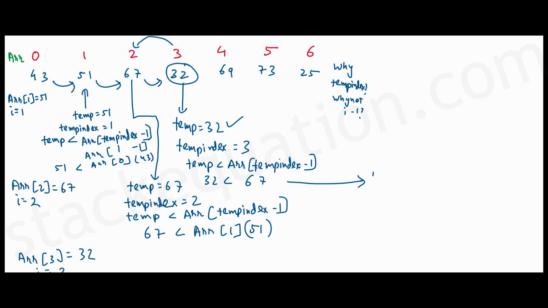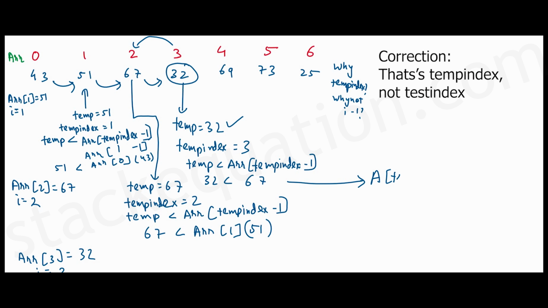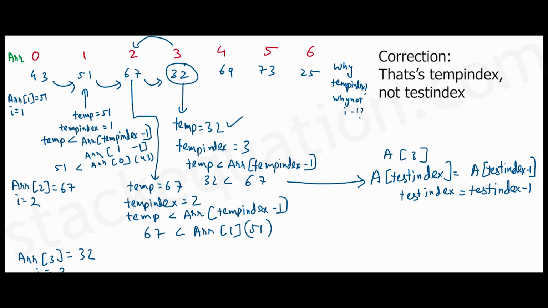That means A of test index is equal to A of test index minus 1, and test index will keep decrementing with each iteration. So read this again: A of test index, that means A of 3, the value of test index right now is 3, will be equal to A of 2.